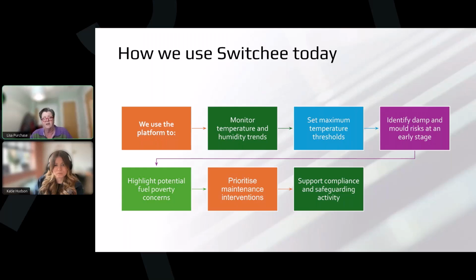And I believe that there's a relationship with Ventaxia that connects to the Switchee devices that can then better monitor moisture within properties. But I'm yet to travel down that path, so we'll let you know how that goes at a future date.